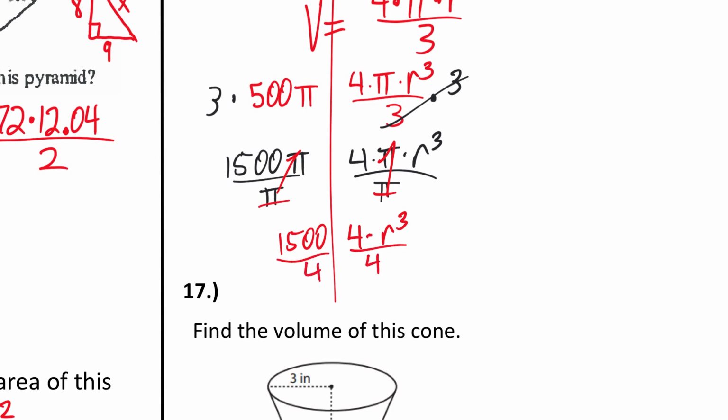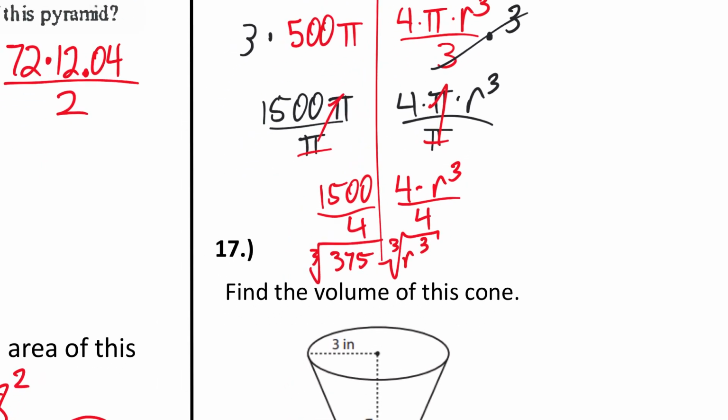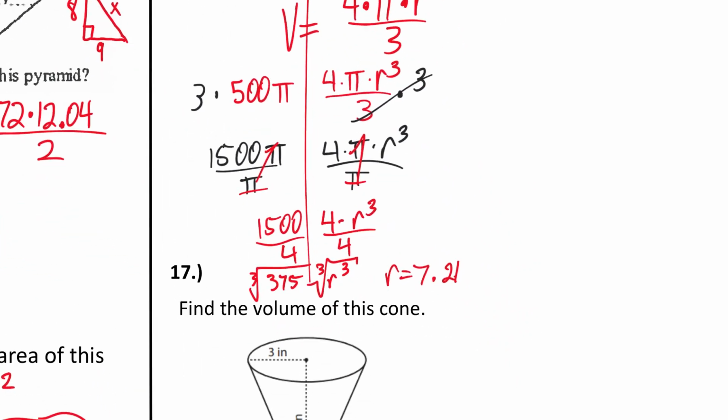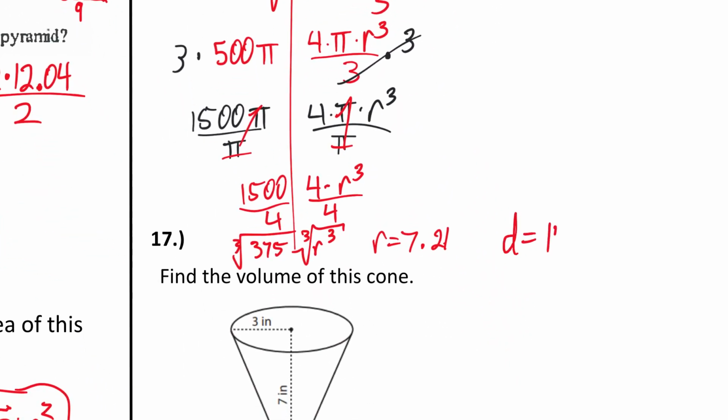Divide by 4. 375 equals r cubed. And then remember, I've got to take the cube root to cancel out the cube. So calculate. Okay, but I think this asks for the diameter. Yep, so the diameter is double that, which is going to be 14.42.